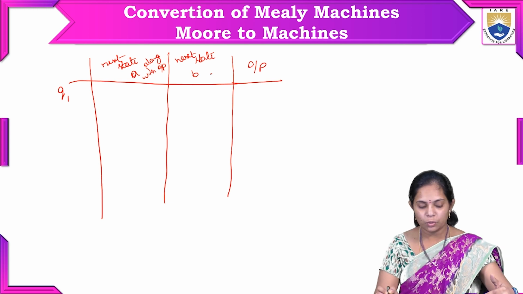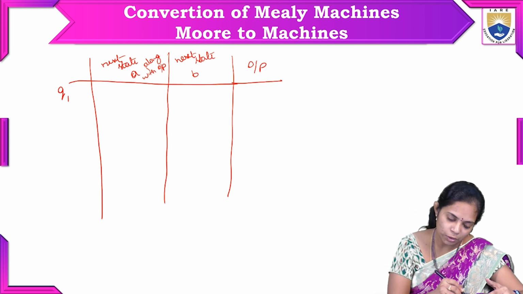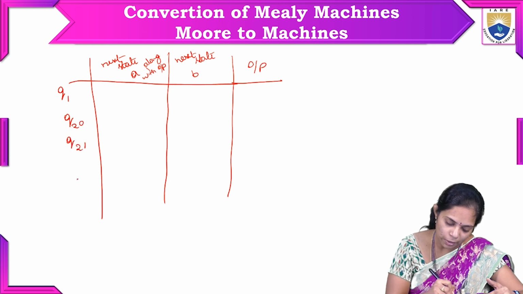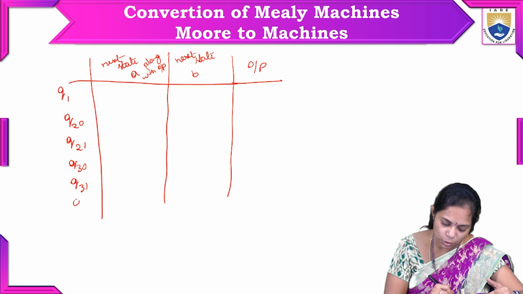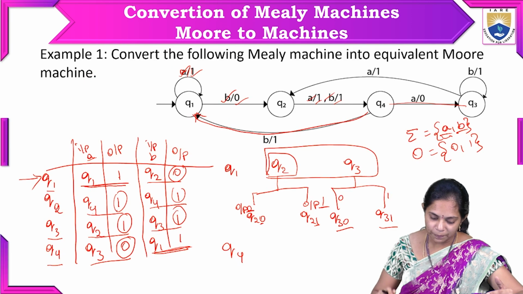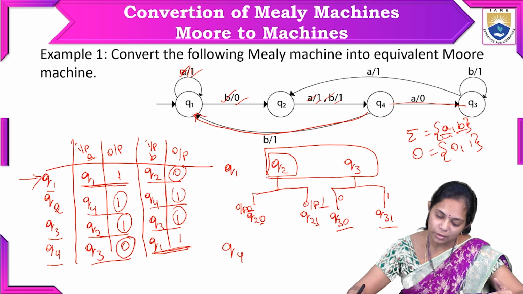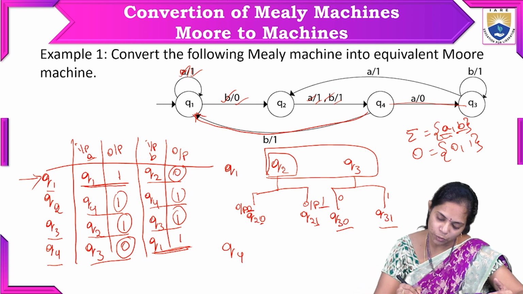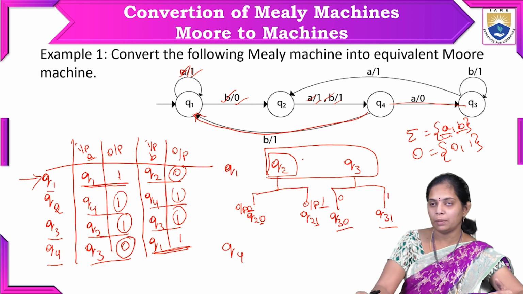Here we have divided Q2 into two states, right? Q2 0 and Q2 1. And Q3 also divided, Q3 0 and Q3 1. And Q4 as it is we have placed it. All the states we have written in the Moore table.